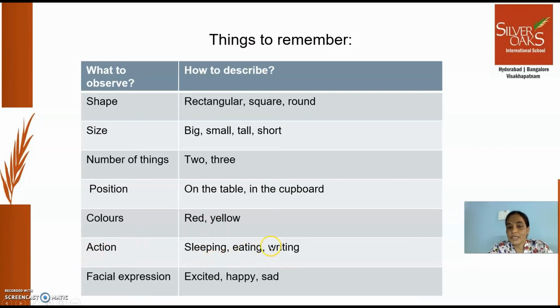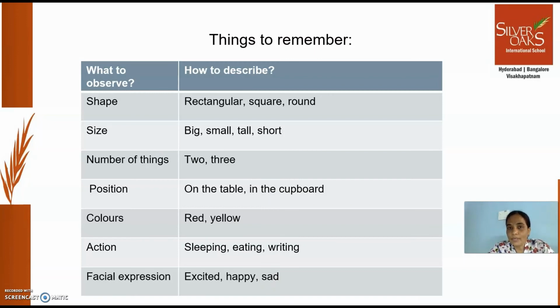Action, sleeping, eating, writing. So what were the women doing? They were buying vegetables. And facial expressions, excited, happy, sad. Like in these 2 pictures, you didn't see people either excited, happy, sad, but whenever you see a picture which has people with different facial expressions, you can describe that too, right?